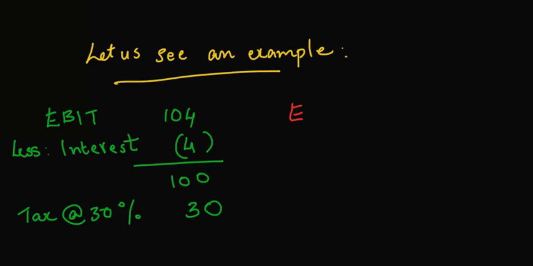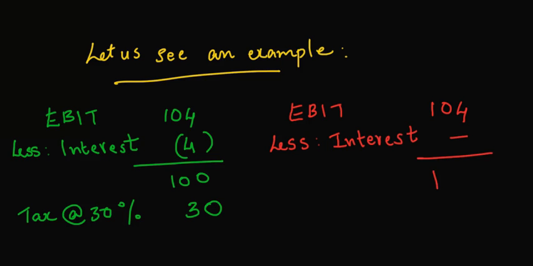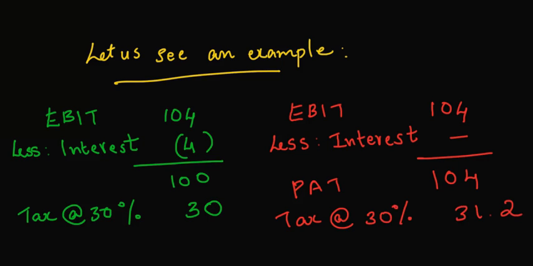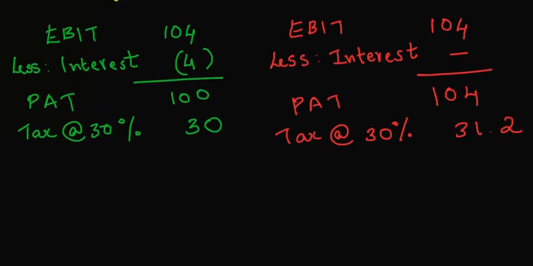Now think of the same scenario when there is no interest cost. Earnings before interest and taxes is rupees 104 less interest nil, which gives profit before taxation as 104. Tax on the same amount would then be rupees 31.2, that is rupees 104 times 30%.